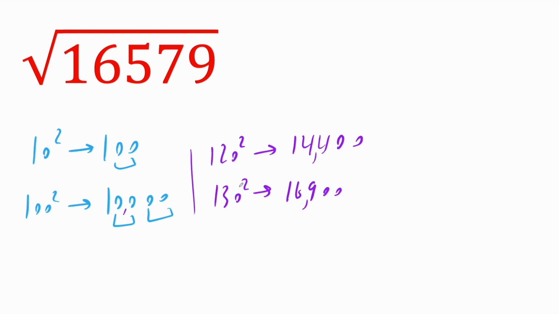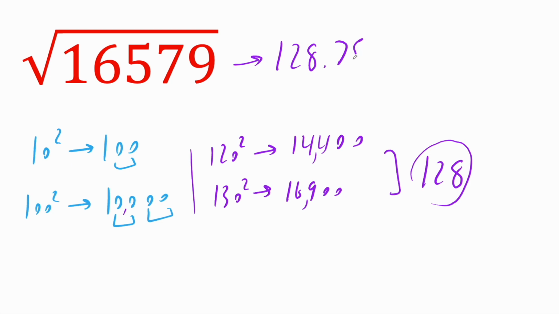So we know our answer is close to 130 squared, but this is going to be too big. So it's going to be less than 130, but bigger than 120. And it's going to be closer to 130 because 16,900 is very close to 16,579. So as a guesstimate, I'm going to say it's going to be 128. And so if we use an actual calculator, we're going to get 128.759. So very close. I'm only off by 0.8.